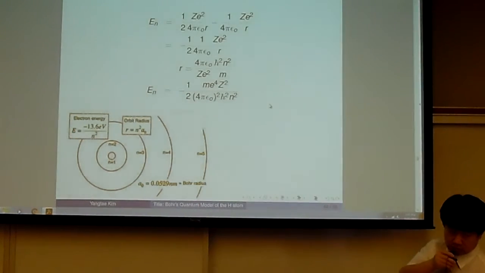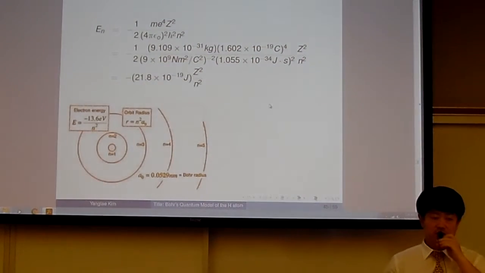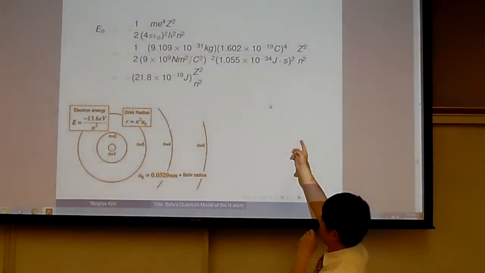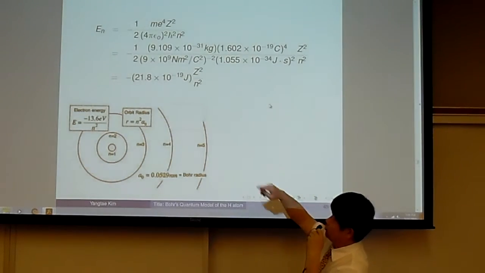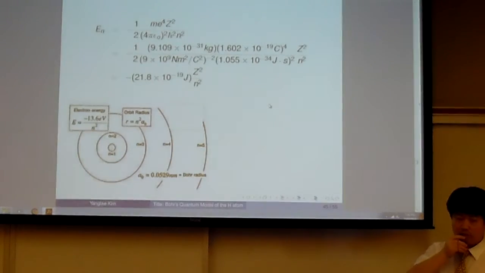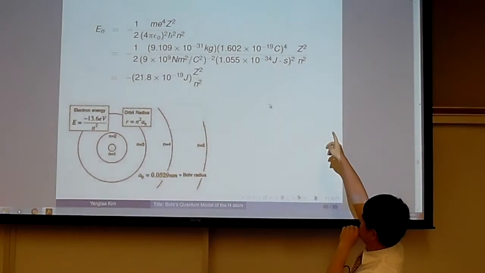It has a lot of constant values. If we plug in all the constant values, then we have this expression, mass of electron, unit charge e, and 1 over 4 pi epsilon naught, ħ, which is the reduced Planck constant, plug all those in. Then what's left is Z square over n square.